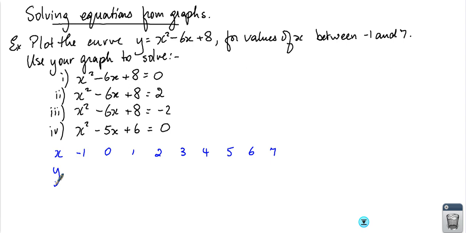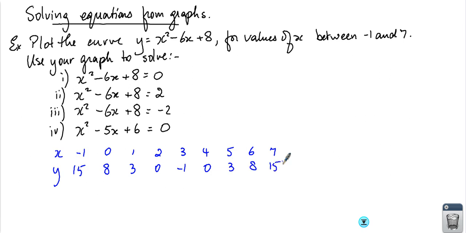Start at -1 and at 7, step is 1. So I have 15, 8, 3, 0, -1, 0, 3, 8, 15.